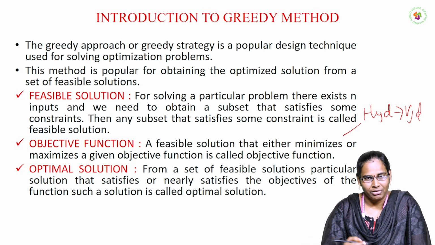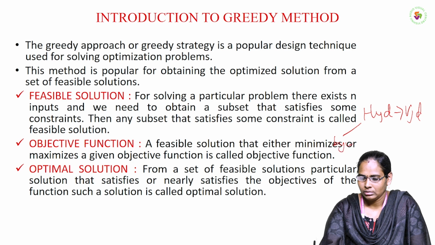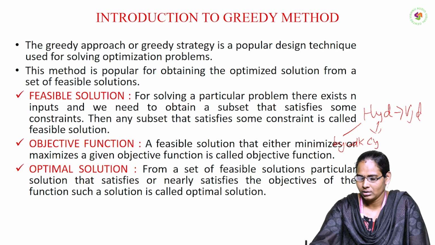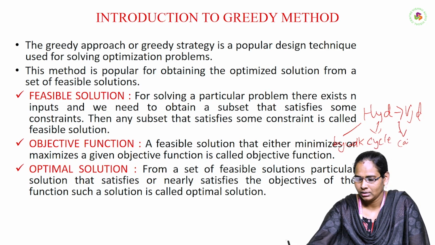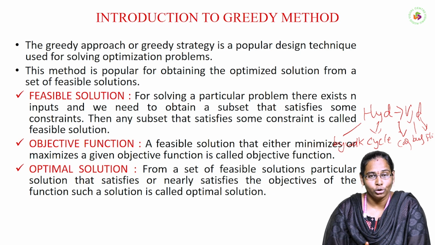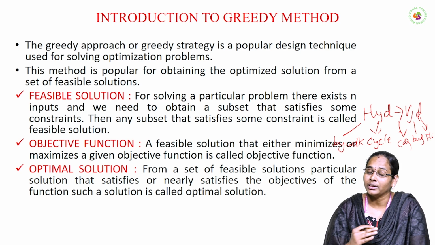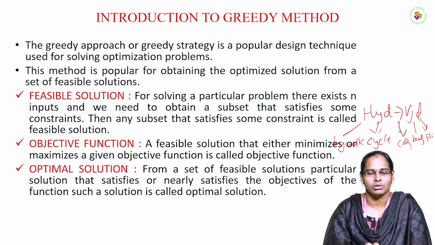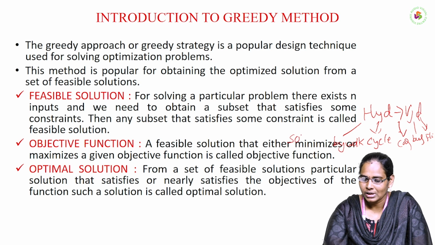We have by walk, and second possibility by cycle, or by using car, by using bus, and by using flight. So these are 5 possible solutions to travel from Hyderabad to Vijayawada. So these are the total possible solutions.